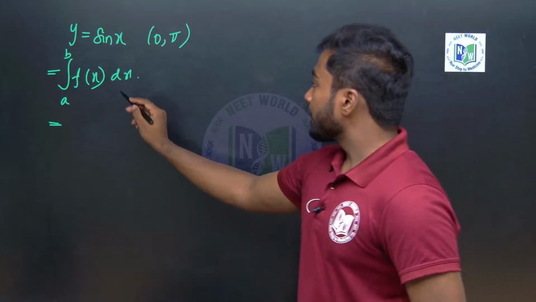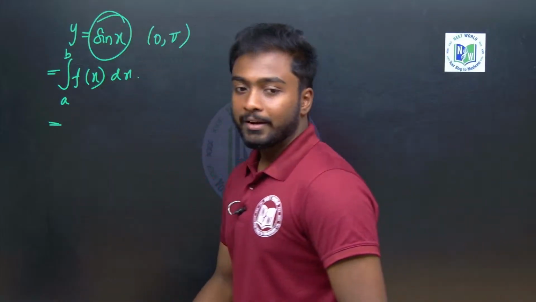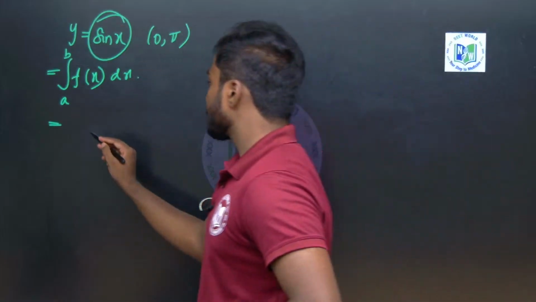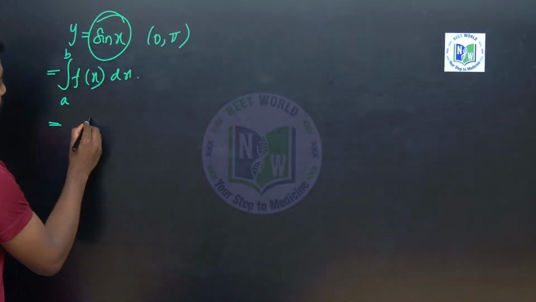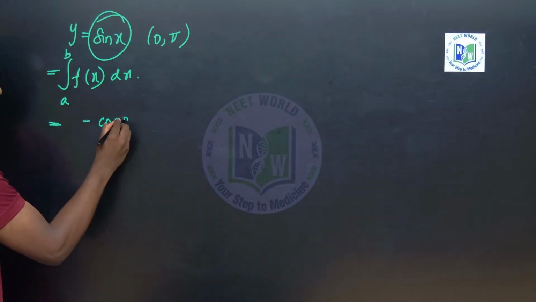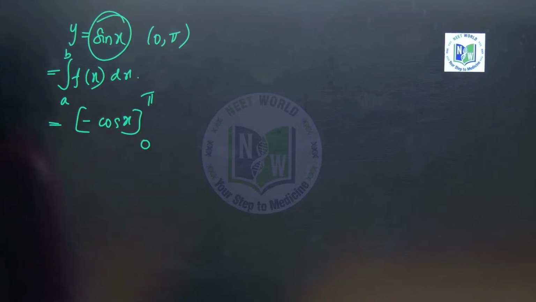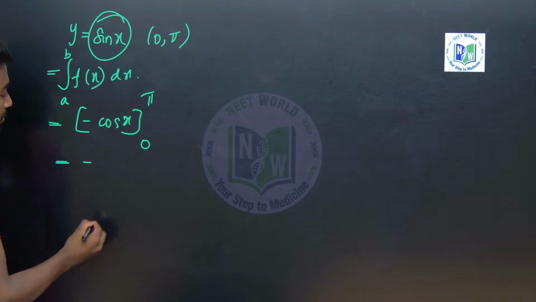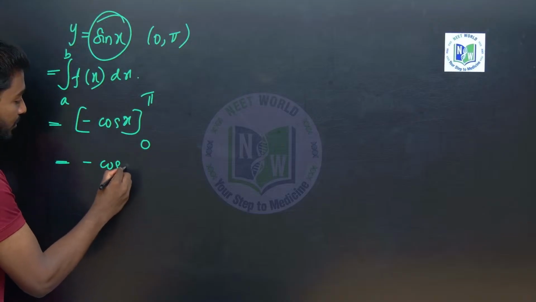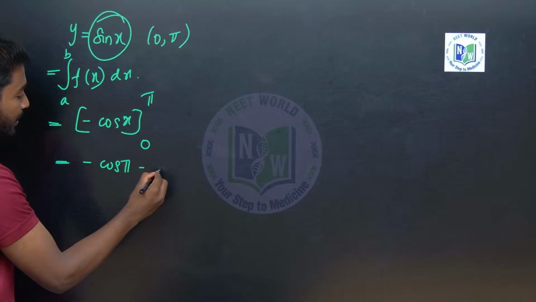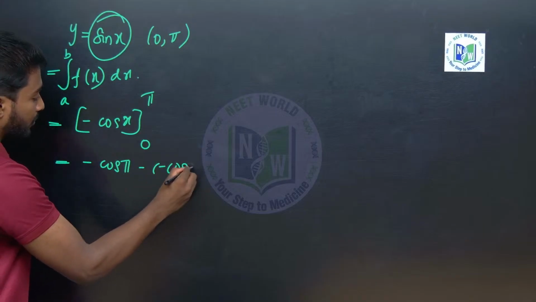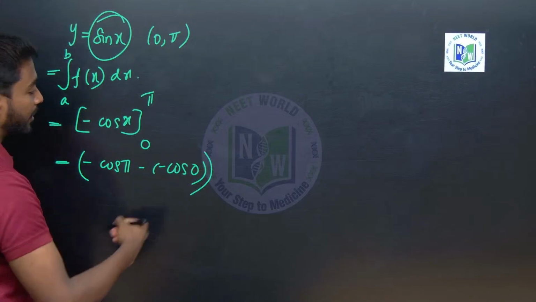Sin x integrates to minus cos x. So minus cos x, integration from 0 to pi. So minus cos pi minus of minus cos 0. Calculate the answer.